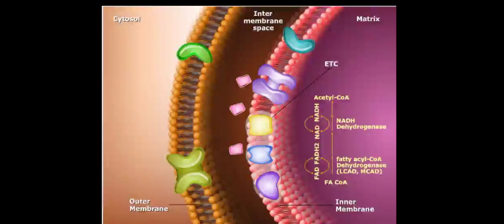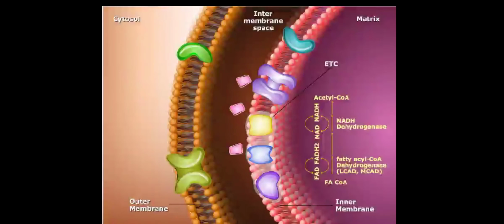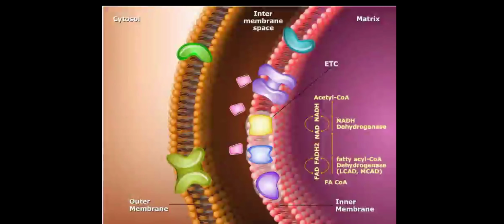The FADH2 and NADH formed in each cycle will generate 5 ATPs per cycle using the electron transport chain, or ETC. In addition, each cycle will split off the 2-carbon acetyl-CoAs. As a result, the fatty acyl-CoA is shortened by 2 carbons in each cycle.